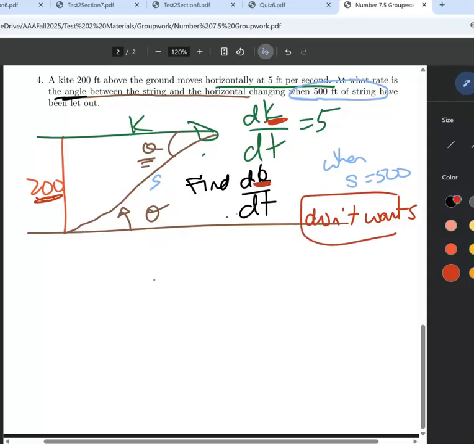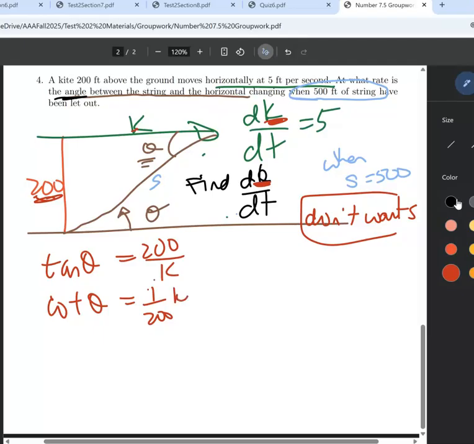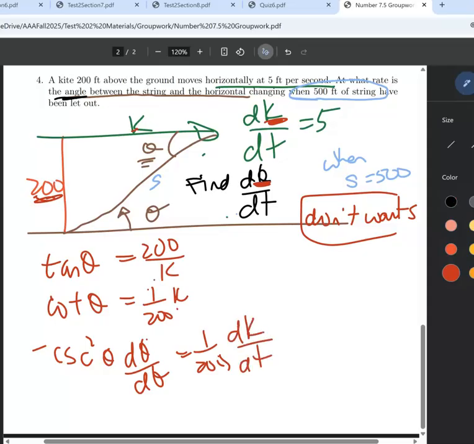So tangent of theta is 200 over k. And then I'm going to flip that over because it's going to be easier for me to take the derivative. So that'd be cotangent theta is 1 over 200 times k. Taking the derivative, negative cosecant squared theta, d theta over dt, equals 1 over 200, and remember, the derivative of k is just dk over dt.